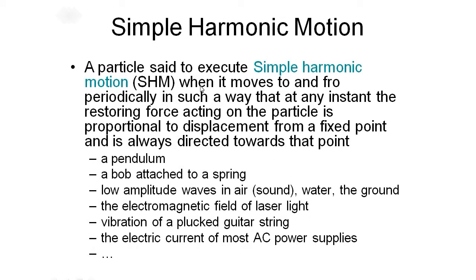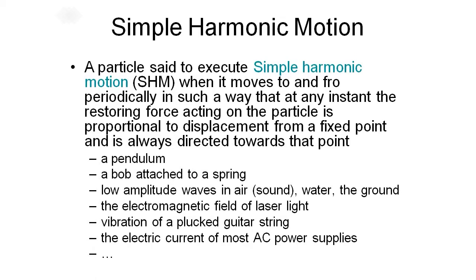A particle is said to execute simple harmonic motion when it moves to and fro periodically in such a way that at any instant the restoring force acting on the particle is proportional to its displacement from a fixed point and is always directed towards that point. Such motions are called simple harmonic motion. Examples are a pendulum, a bob attached to a spring, etc.